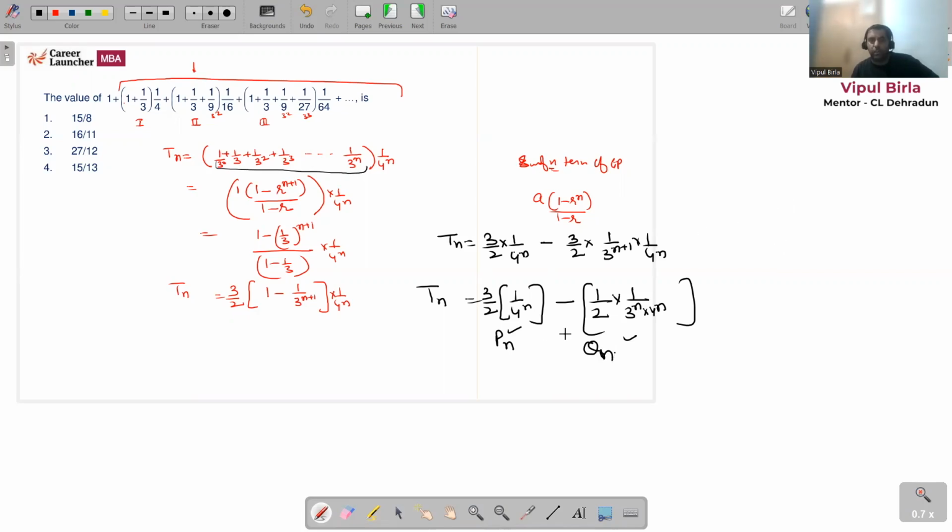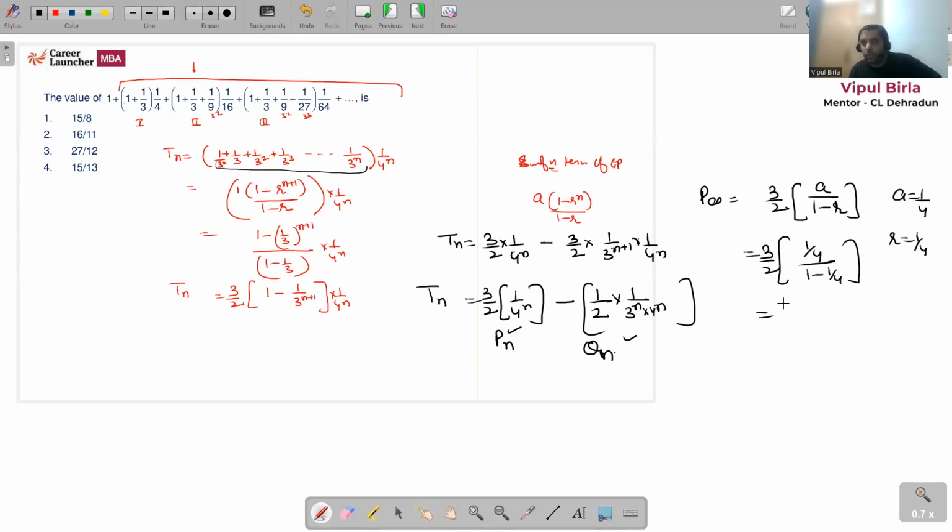For Pn, the sum of infinite terms, P infinity, is A upon 1 minus R, where A is 1 by 4 and the common ratio is also 1 by 4, which is 3 by 2 into 1 by 4 upon 1 minus 1 by 4, which comes out to be nothing but 1 by 4 and 3 by 4, which is 1 by 2. So that is the sum of infinite terms of P.